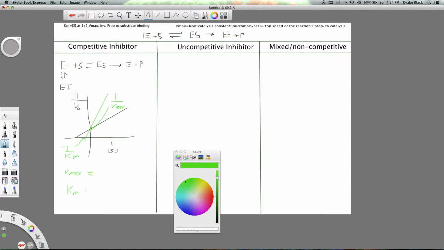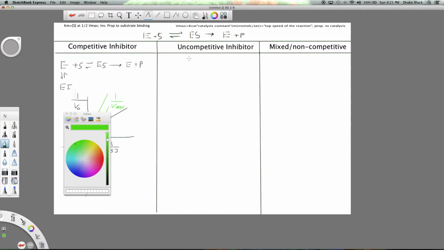So the Km increases. So that's all you really need to know about competitive inhibitors. The inhibitor binds to the enzyme, which prevents the substrate from binding to the enzyme. So then it just has this inactive enzyme inhibitor complex. And this is what the Lineweaver-Burk plot looks like for a competitive inhibitor.